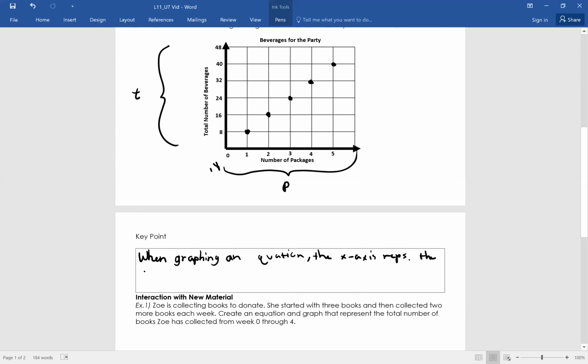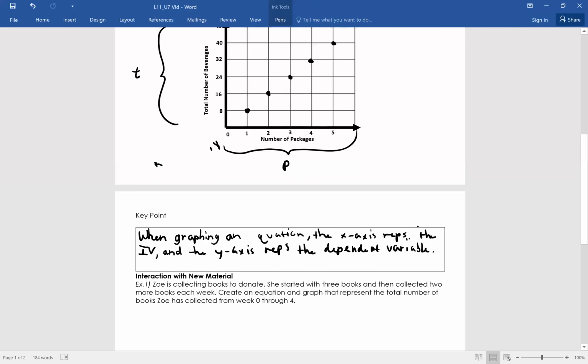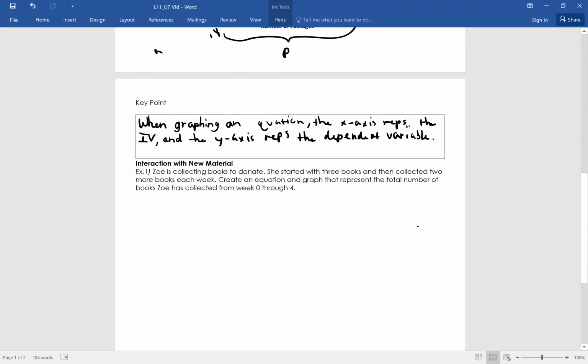Independent variable, I'm just going to put IV. Save us some time. And the y-axis reps the dependent variable. Or you can put DV for short. Now that you have that information, let's go ahead and look at our interaction with new material.